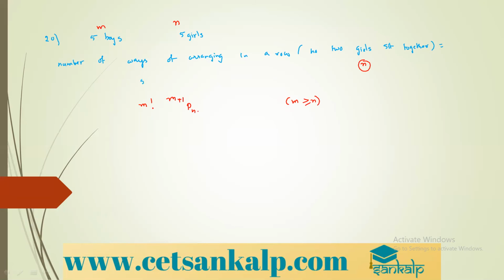So I will take M factorial, 5 factorial, into (5 plus 1) P N, which is 6P5. When I arrange this, I will have 5 factorial into 6 factorial. 5 factorial means 120 into 6 factorial is 720. So again I'm getting 86,400 ways. If you remember the formulas, it will be easy for you.